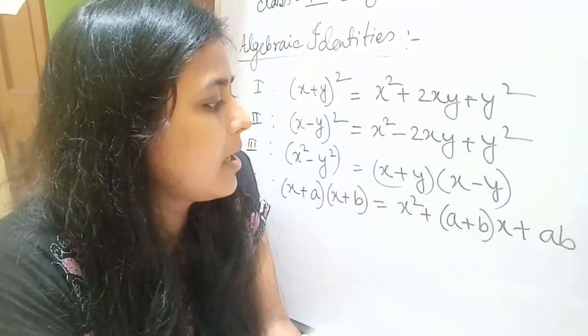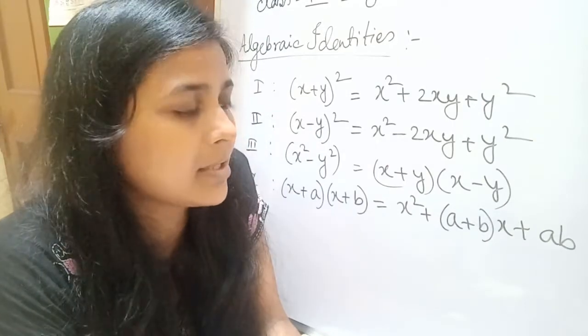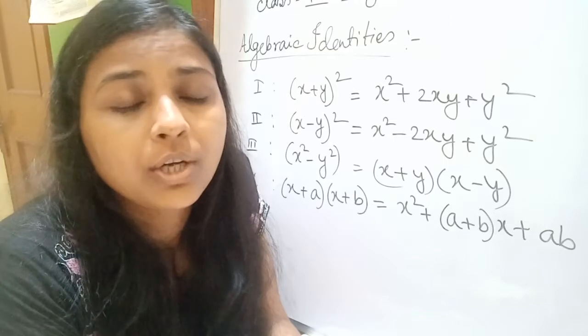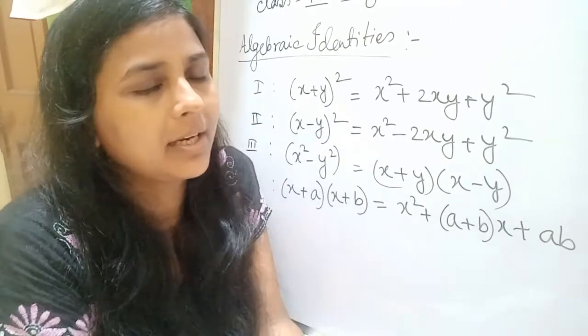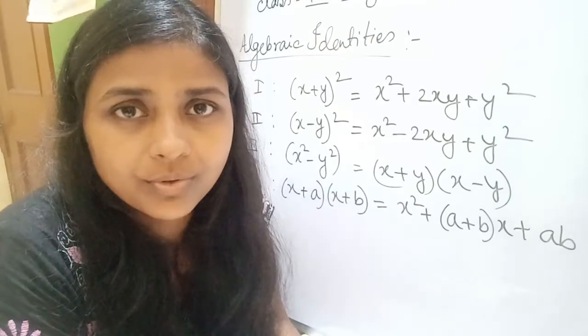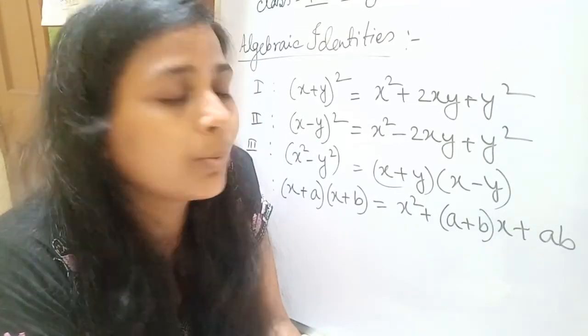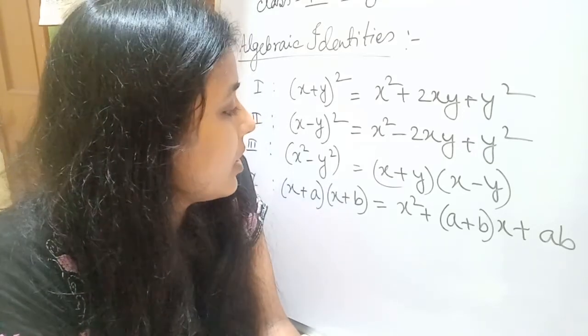That's why now in the revised syllabus of class 9 we have only 7 identities, not the last one. So these are 4 and there are 3 more. I will be discussing those 3 identities in the next video.